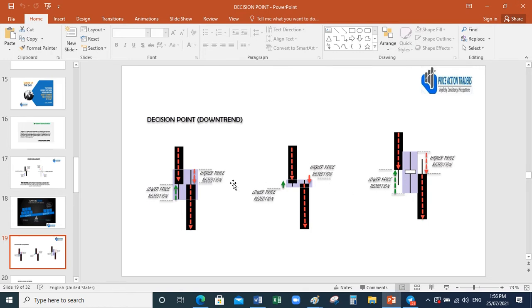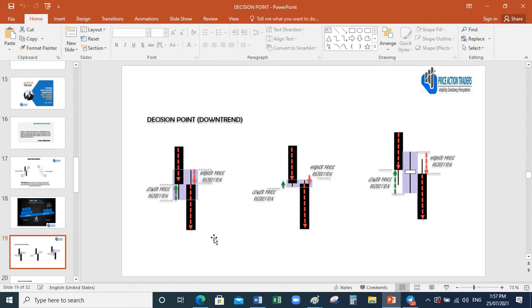The wick could be long, the wick could be short, as long as we have alternating wicks but the same directional bias. That means two consecutive candlesticks must be in the same direction, but the wick must alternate each other. So the alternation is where the decision point lies.